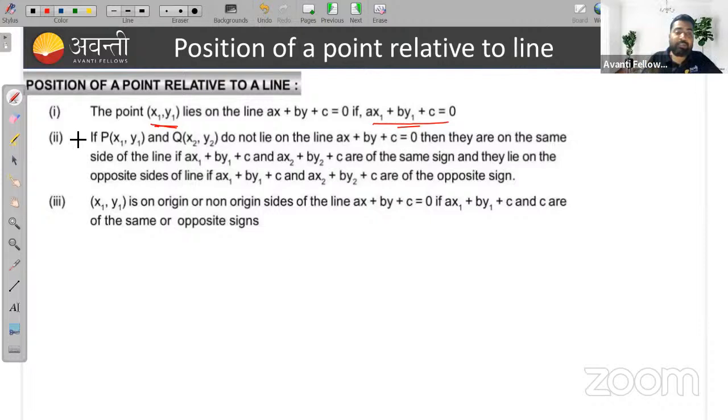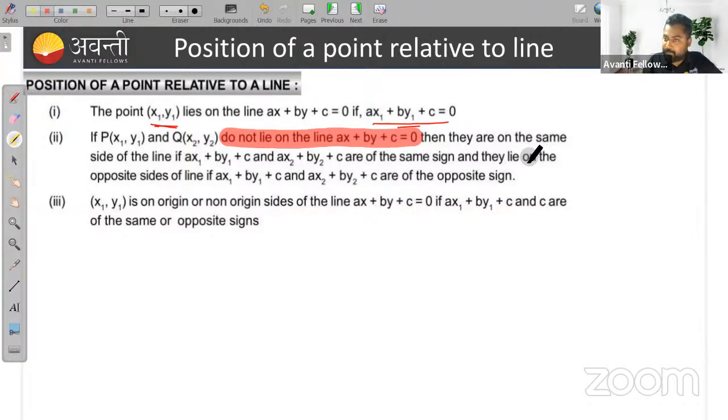But in the second case, what is happening? If (x1, y1) and (x2, y2) do not lie on the line ax + by + c = 0, then they are on the same side of the line if ax1 + by1 + c and ax2 + by2 + c have the same sign.